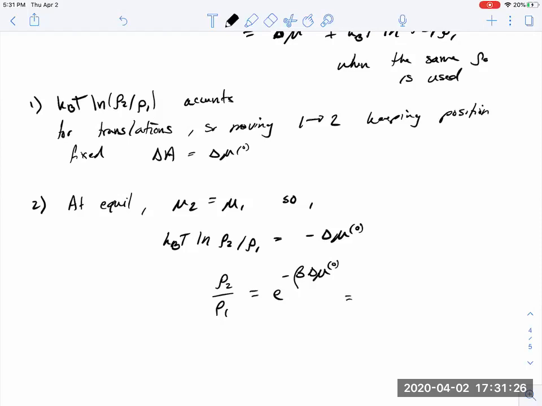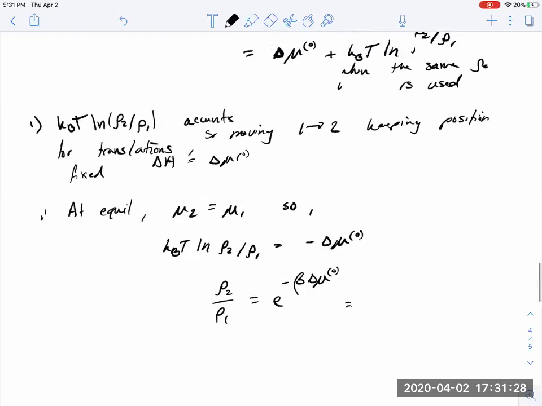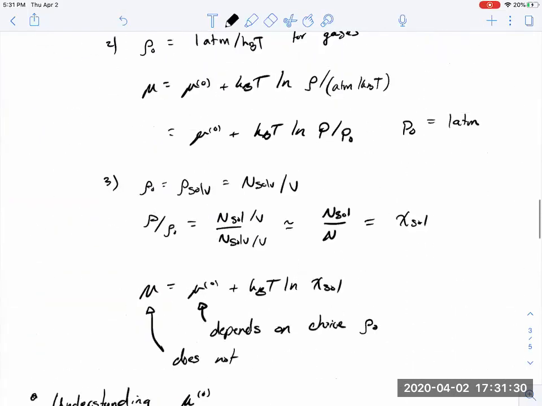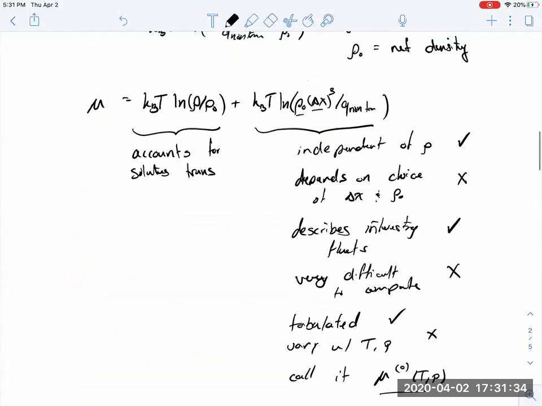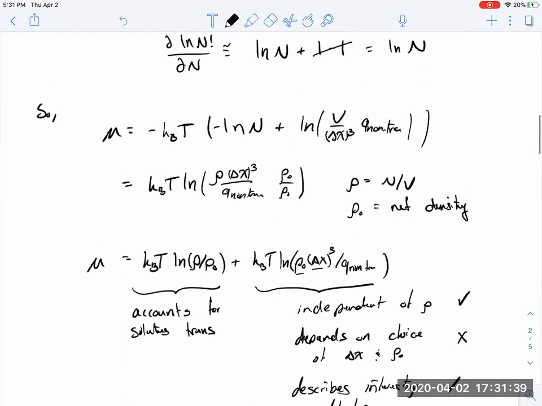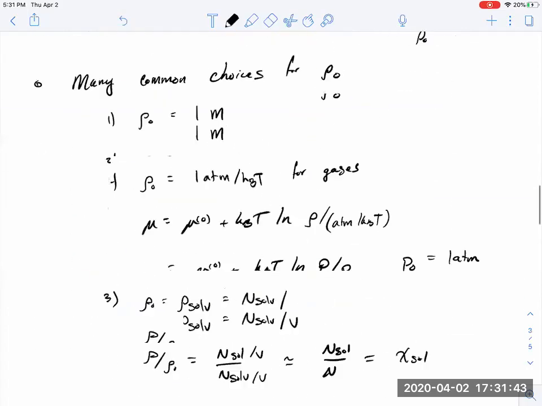Or if I remember what those standard states were before I introduced those reference densities, if I go even further back, it was just the non-translational parts of the partition function.